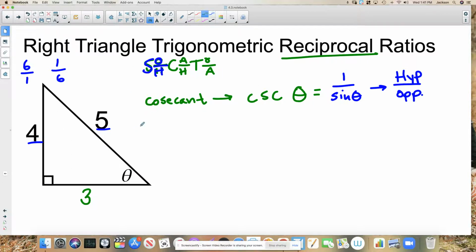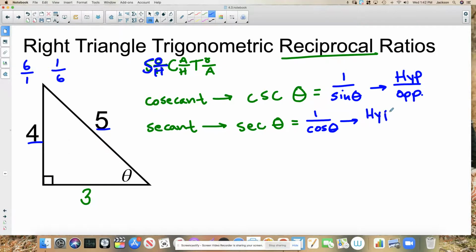We have a reciprocal for cosine, and that is secant. Secant, abbreviated SEC of theta, is the reciprocal of cosine. We can think of it as 1 over cosine, or as this ratio flipped over, the hypotenuse over the adjacent side.